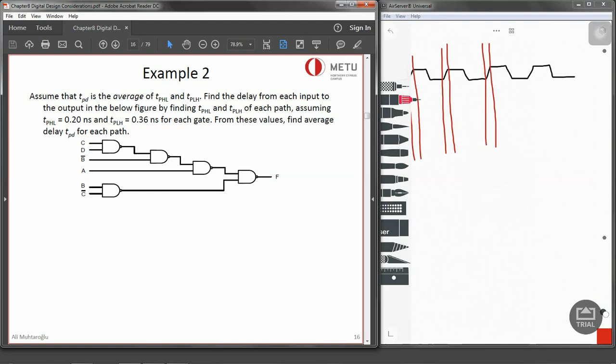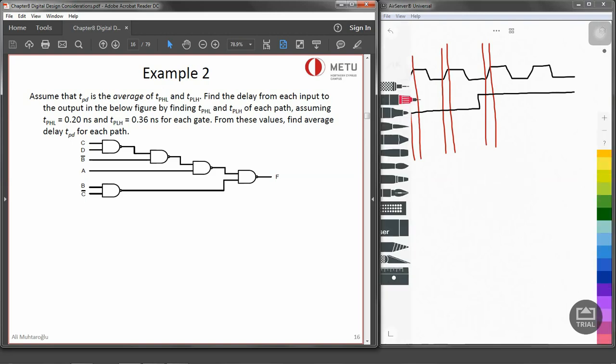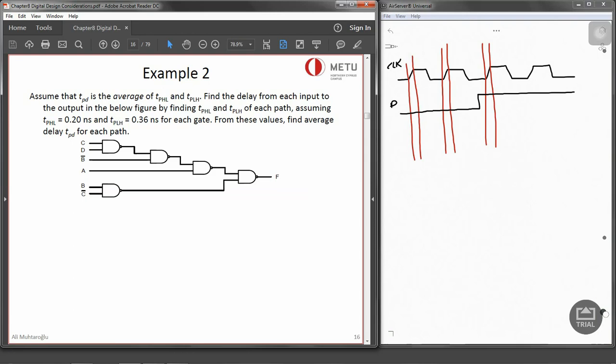With the flip-flops, when we have data coming in, let's say this is our data line, start with 0, stay 0, change it to 1 and stay 1. This is our D. When we consider the flip-flops, the most important thing is that D must be ready before it gets to the rising edge of the clock. So it has to be ready somewhere over here before the rising edge, or maybe somewhere here for the rising edge.